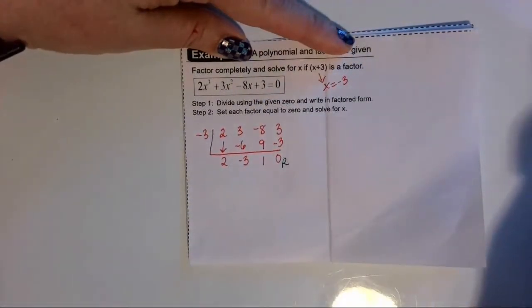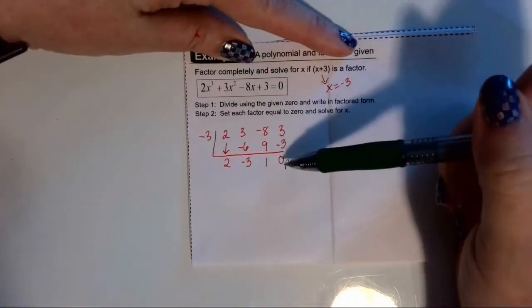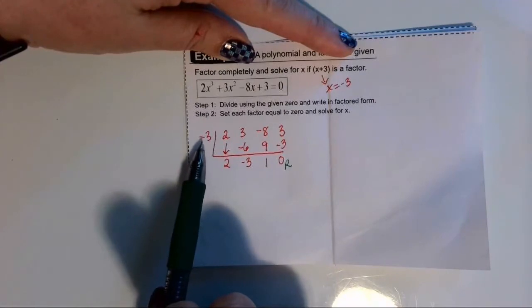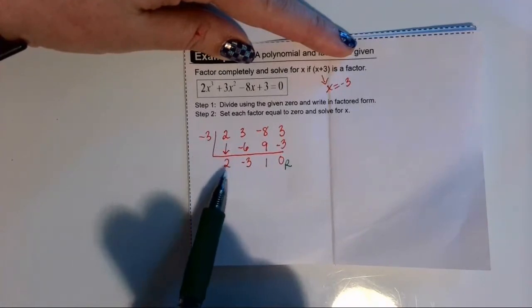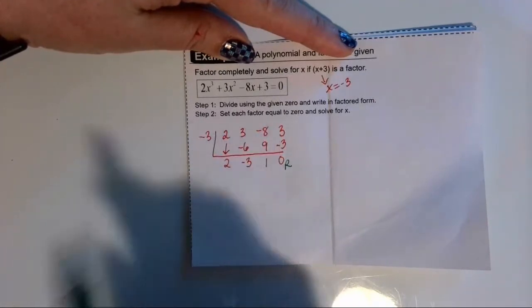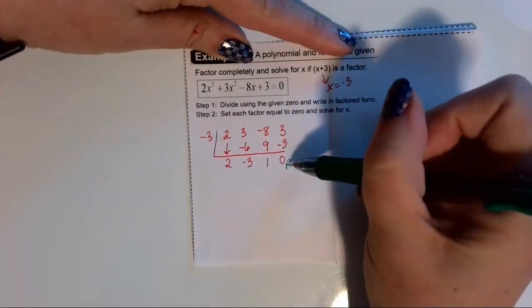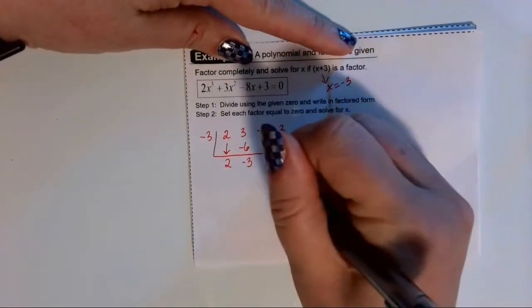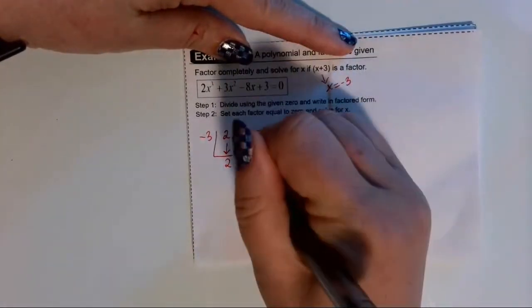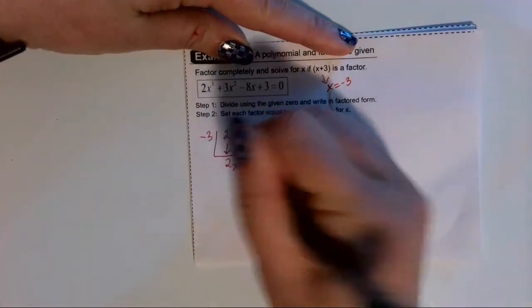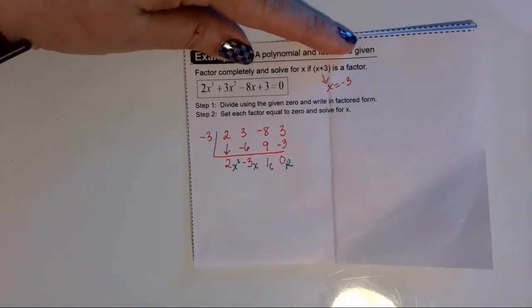So the factor theorem and the remainder theorem together tell us that the divisor times the quotient would be a way to represent the dividend, since x plus 3 is a factor. So this quotient, if this is our remainder, then the 1 is the constant, the negative 3 is the coefficient on x, and the 2 is the coefficient on x squared.